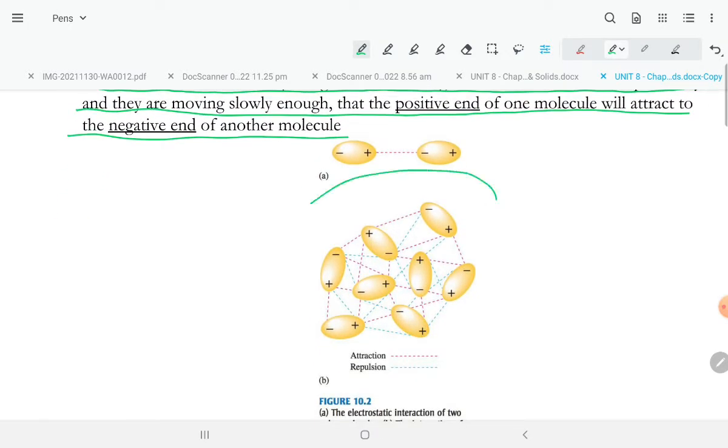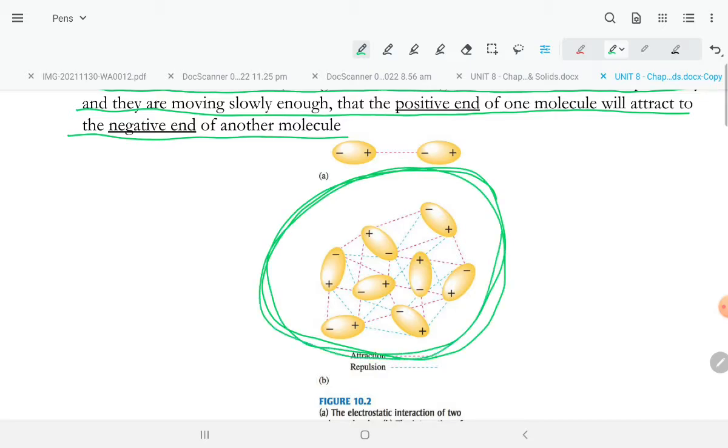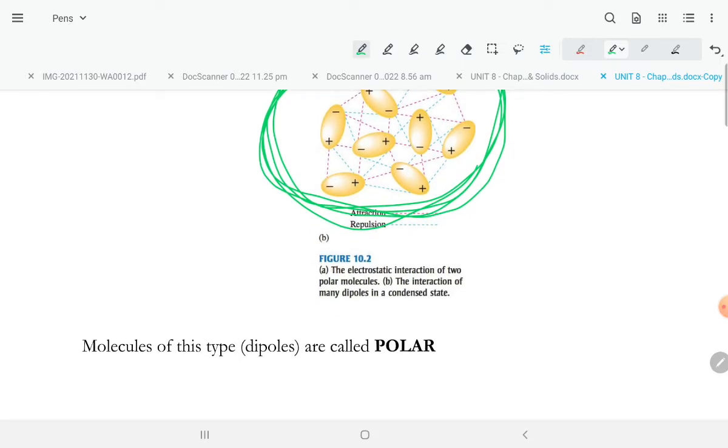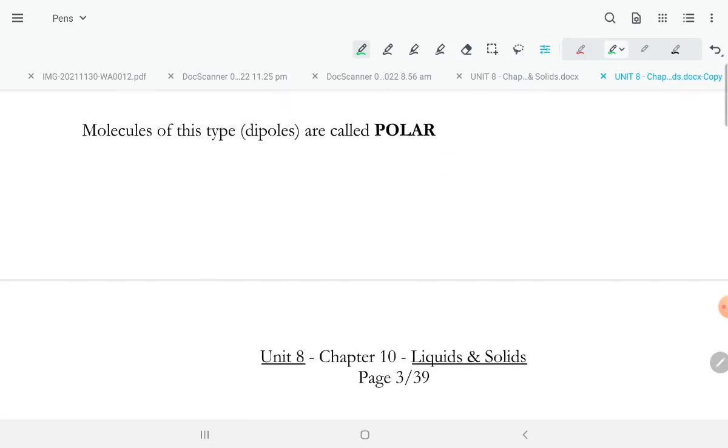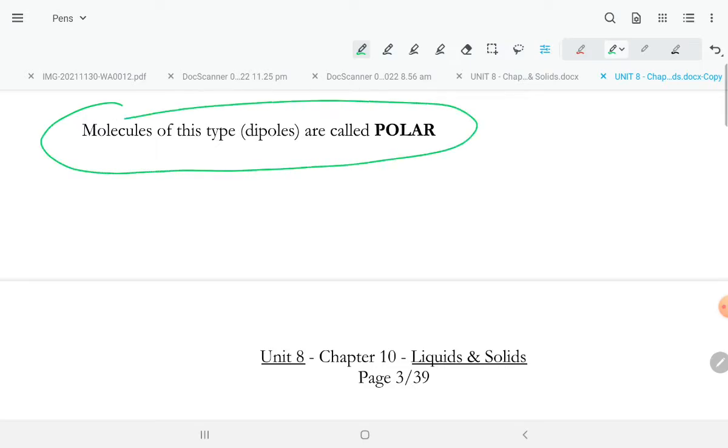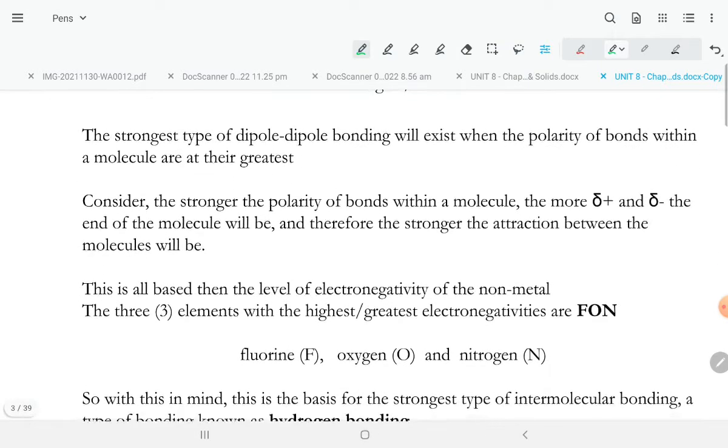When they are combining, you see, they form a three-dimensional network. This is the electrostatic interaction of two polar molecules, the interaction of many dipoles in the condensed state. Molecules of this type with dipoles are called polar molecules.